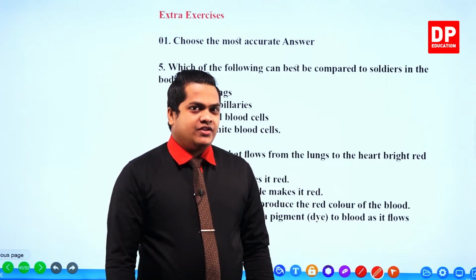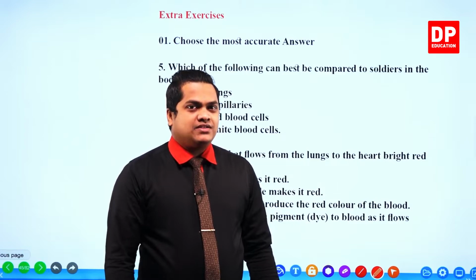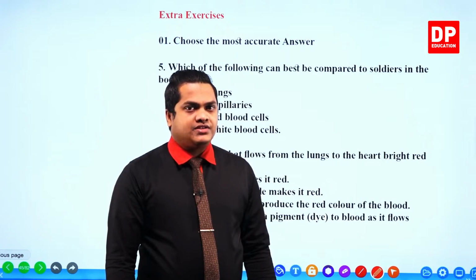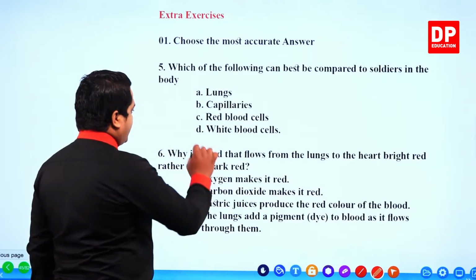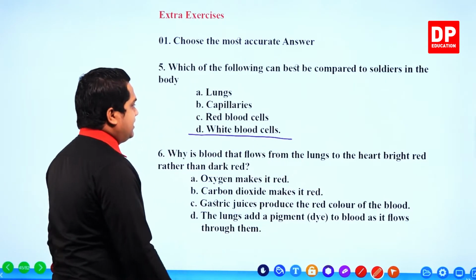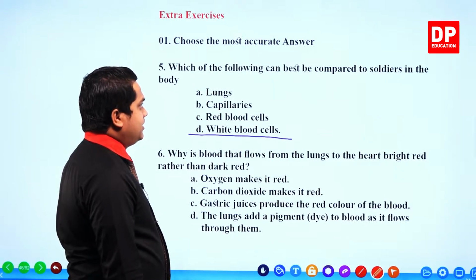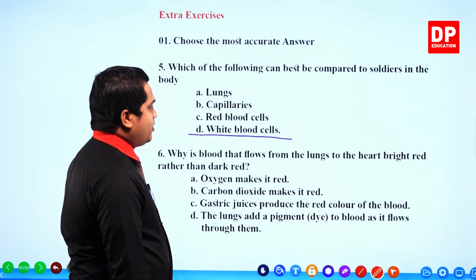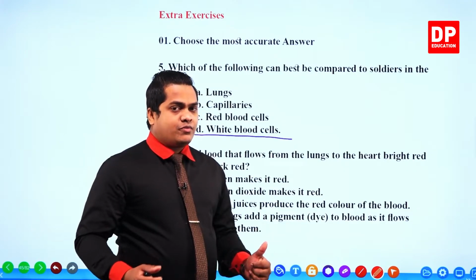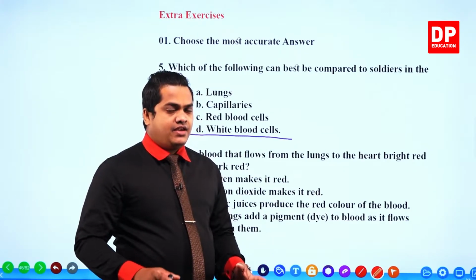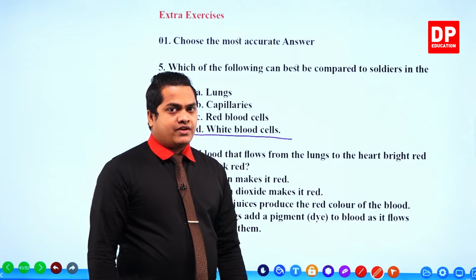White blood cells, right? White blood cells help in protection of our body from pathogenic microorganisms. Yes, my dear children, you can observe white blood cells in the fourth answer. So soldiers within our body, the immunity system. Soldiers protect a certain country. In the same way, white blood cells protect our body.